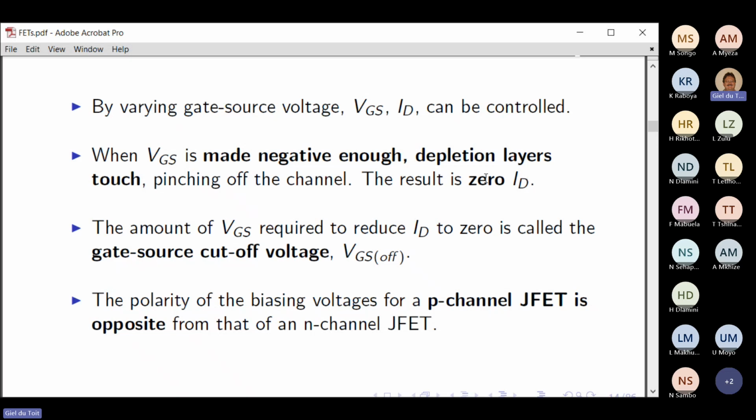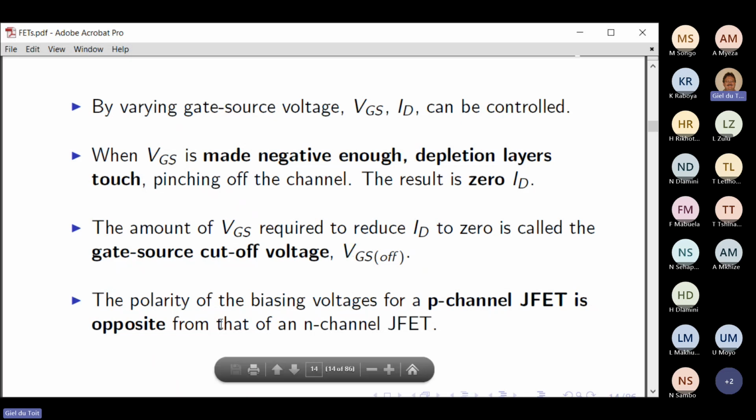The amount of VGS required to reduce the drain current to zero is called the gate source cutoff voltage. In the data sheet, when you buy this transistor or this FET, it will tell you that voltage, the gate source cutoff voltage.